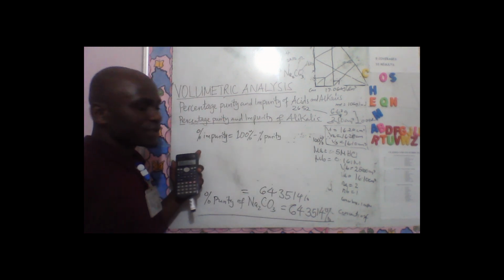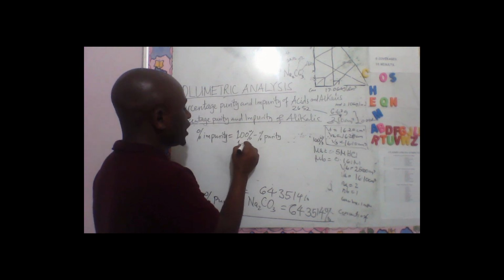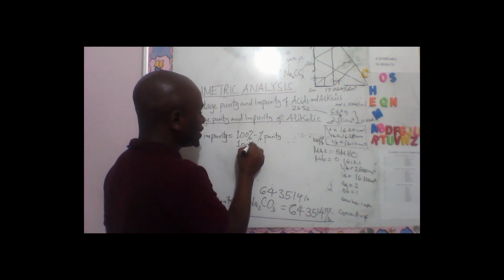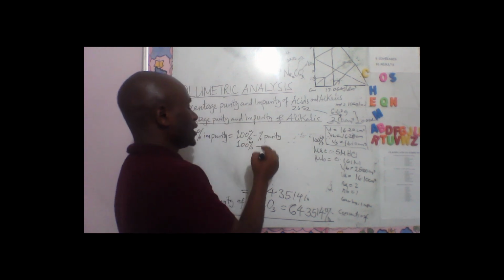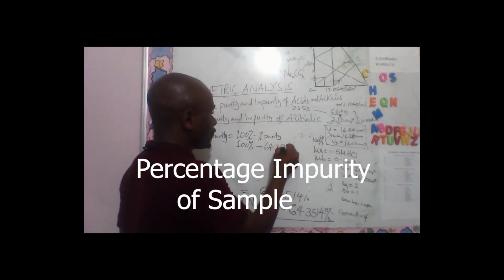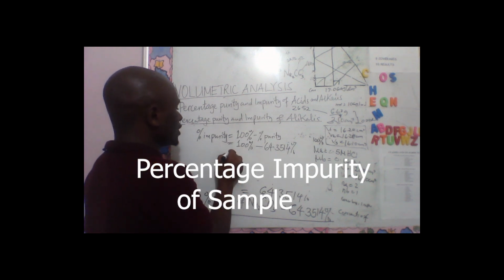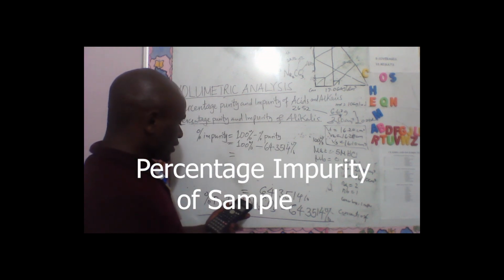So how can you find it out? 100 percentage minus 64.3514 percentage, which is the percentage purity.